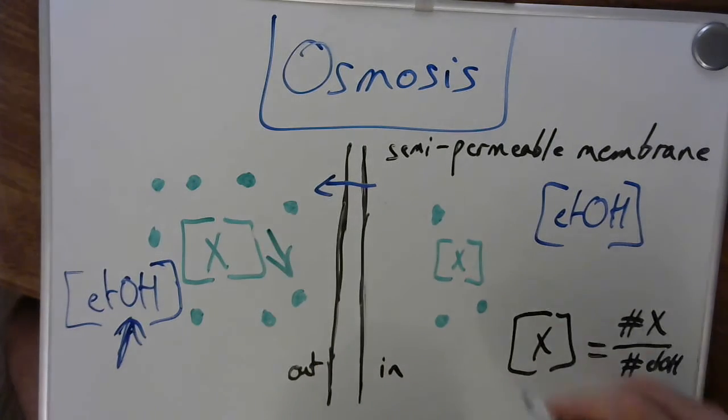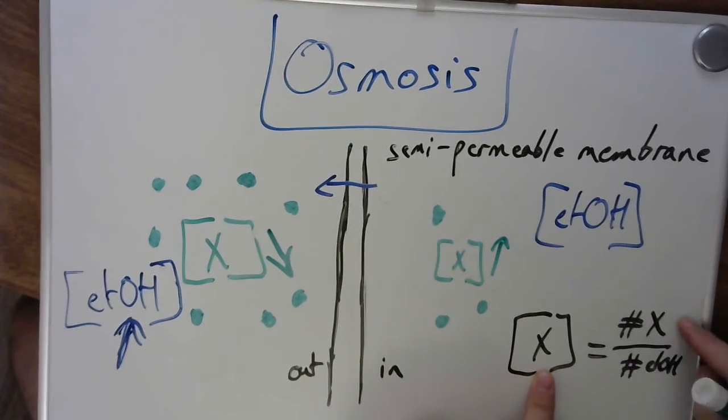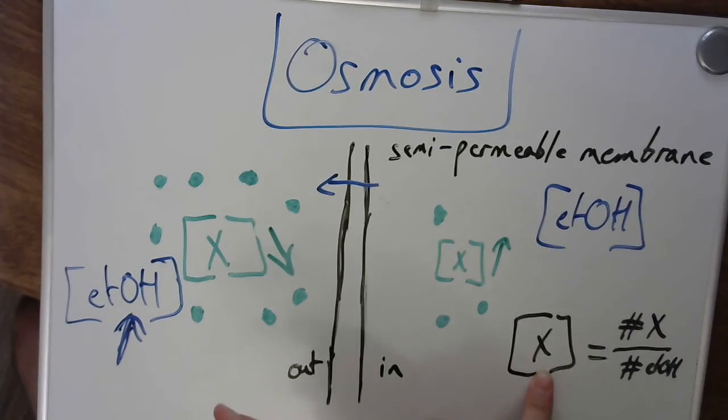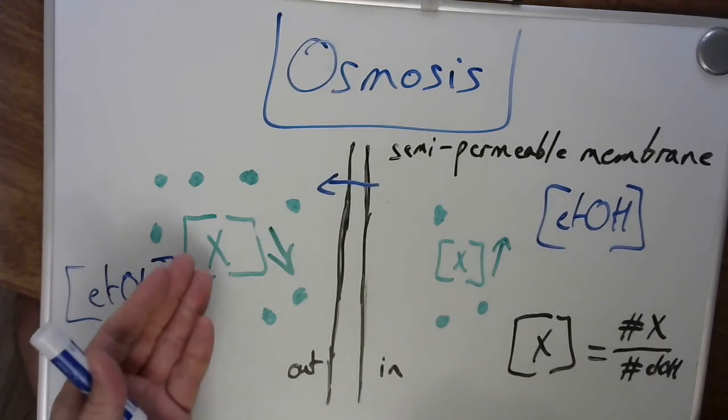Now we want to increase X inside. So to get that bigger, you either get the numerator bigger, or you get the denominator smaller, right? So you need to take some of the ethanol inside and send it outside. Oh wait, that's exactly what we needed for that one to happen.